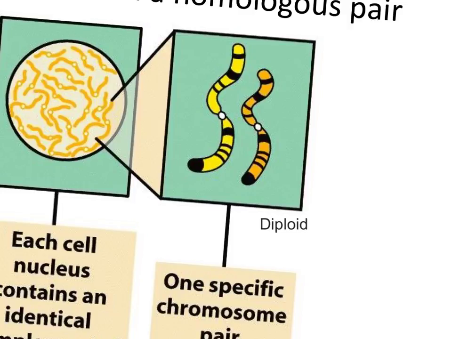So, 2 copies. So each person in here has 2 alleles. They could be the same alleles, or they could be different alleles. Sometimes you get the same allele that you inherit from your mom as from your pa. Other times, you might get 2 different alleles.